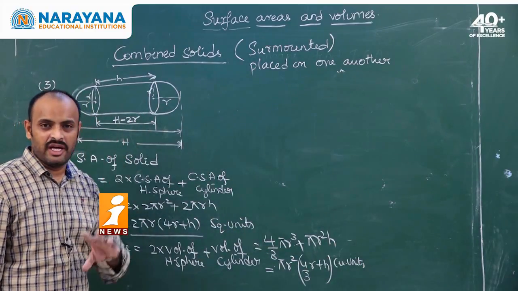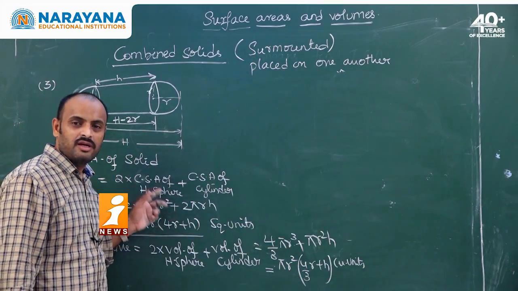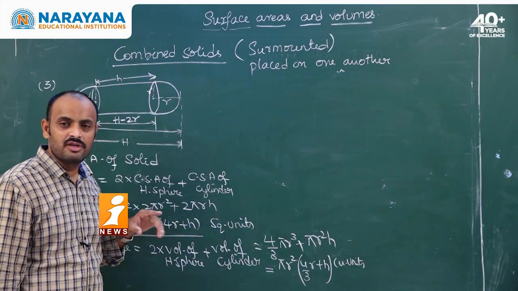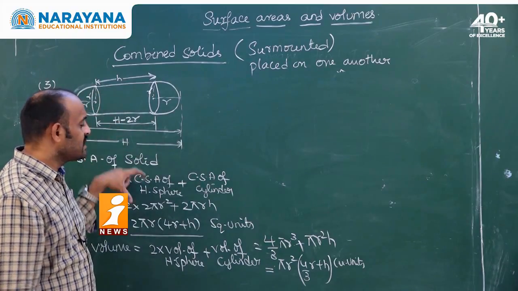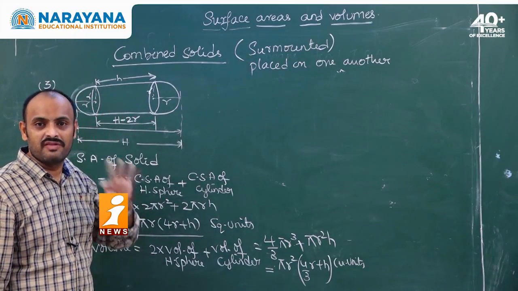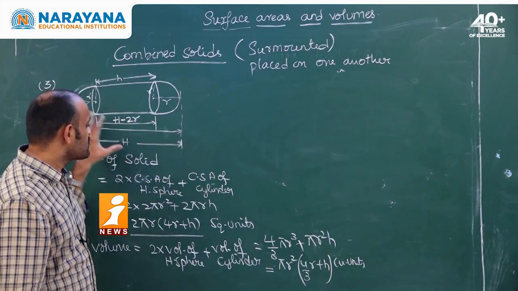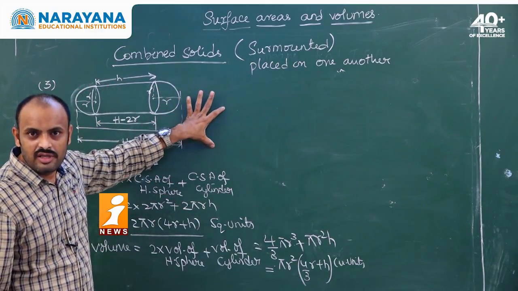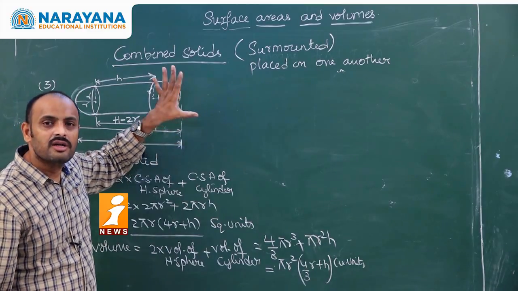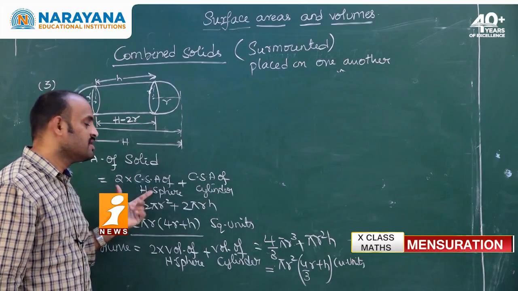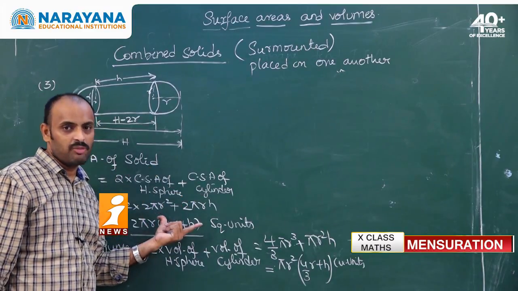Please keep one thing in mind while solving all the mensuration, surface area and volume questions. First thing is writing the given things. What is given? Radius, height, all these are given. Next thing is drawing the picture. If you can, draw the picture, because that will support your answer. Next is writing the suitable formulas.